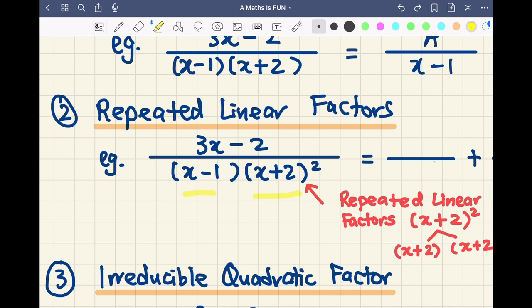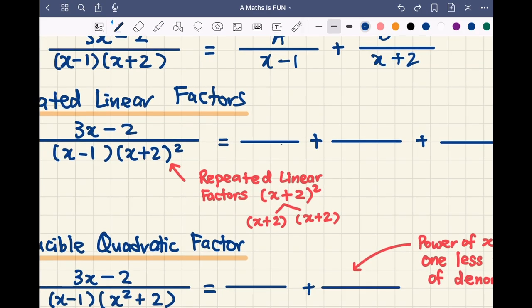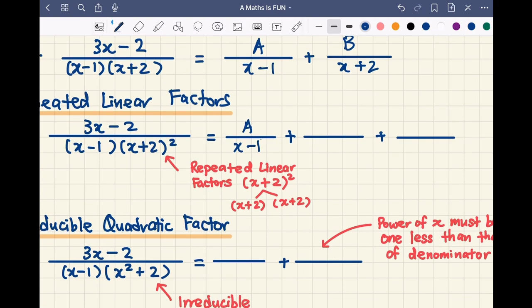So a telltale sign would be to see that outside of the bracket, there is actually a square, right? So in this case, you do need to remember to put in something which I will put down on the screen later on. So here you need to put B over x plus 2 first before C over (x plus 2) squared.